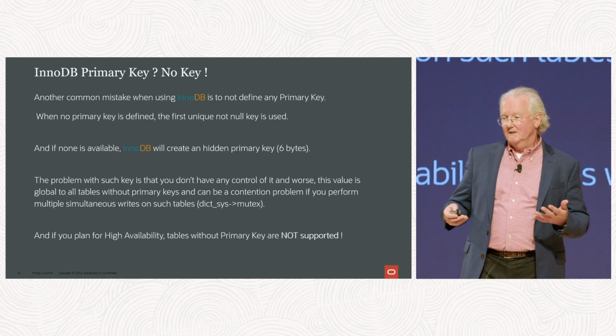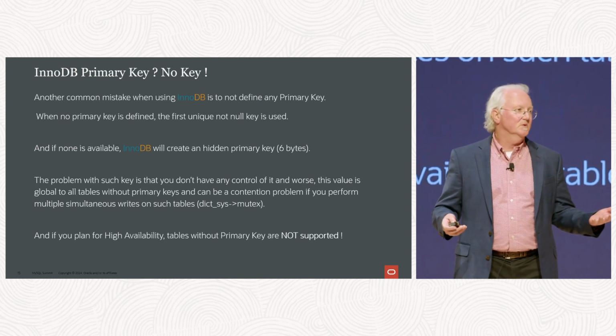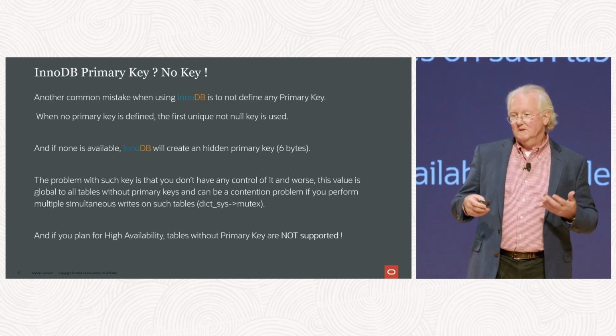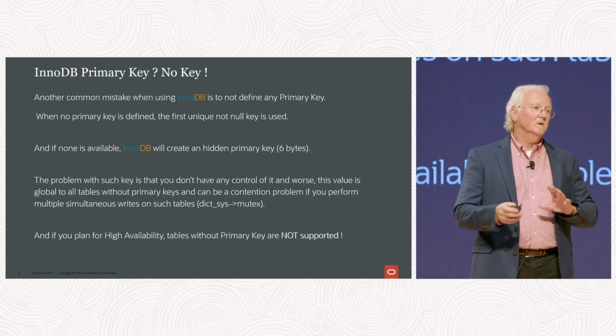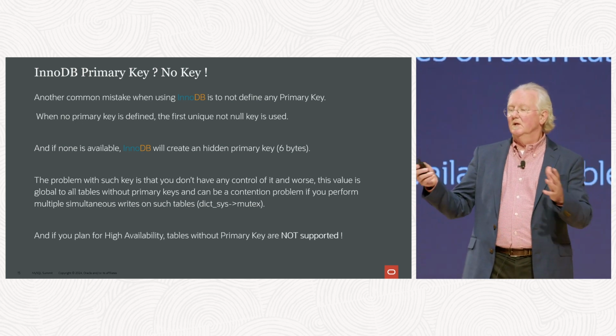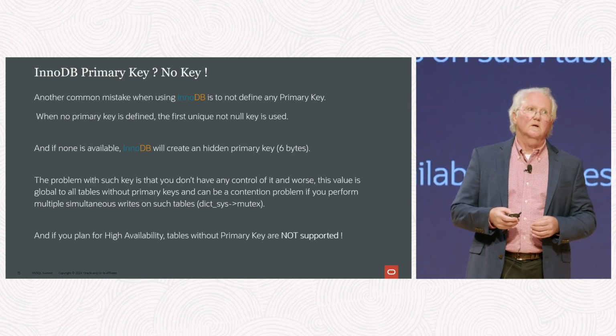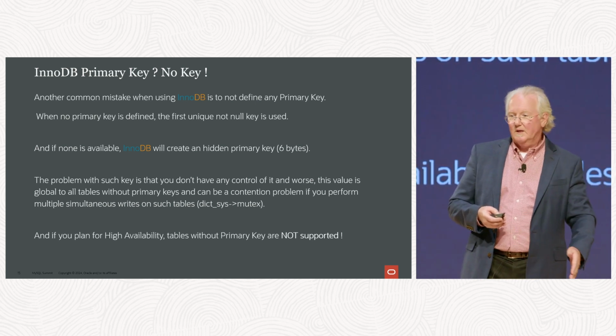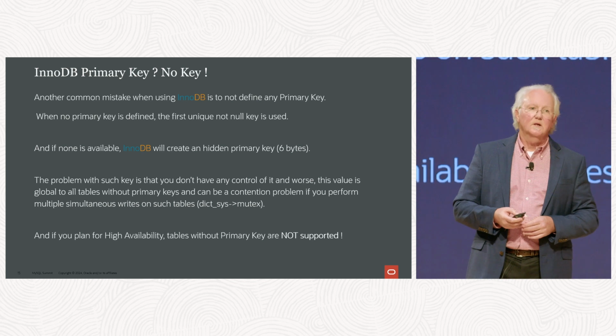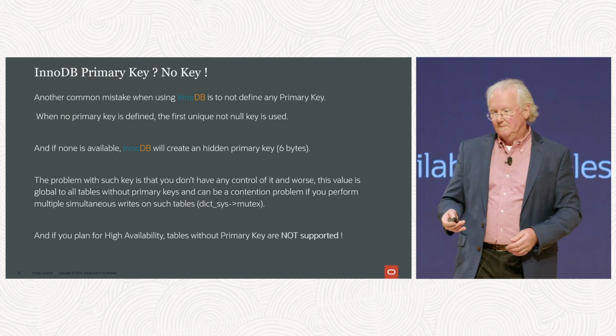And the problem is that you don't have any control over these sorts of things, right? It's just a bad idea. So really, when you do your design, you should think about what your primary key should be. You should try to make it a very serialized, sequentially increasing value.